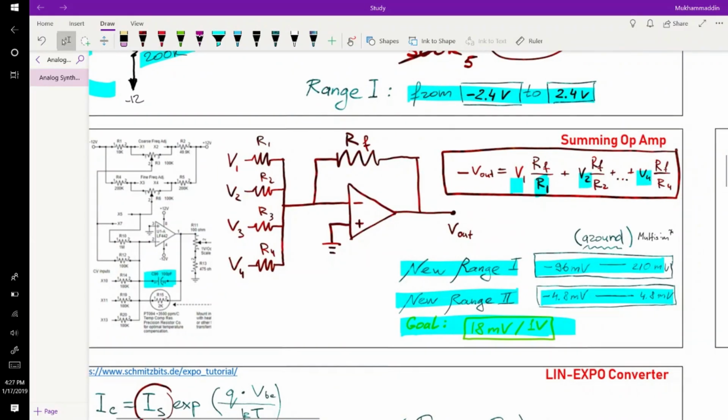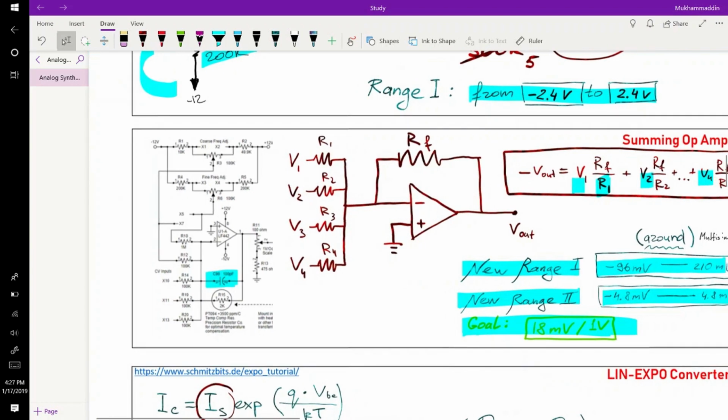So you have these two inputs that are coming from fine and coarse frequency adjustment. But you can also have these so-called control voltage inputs. That is, you can attach some other waveform. You can send a square wave into this port.